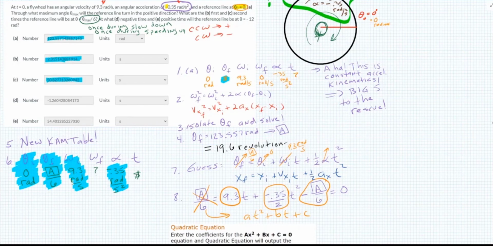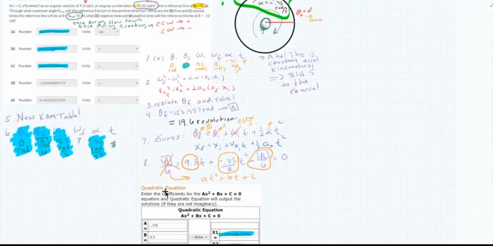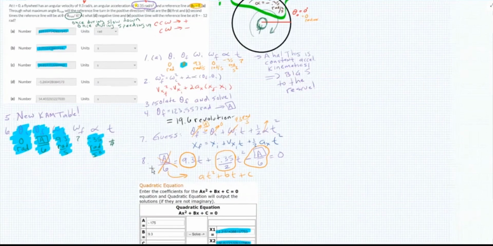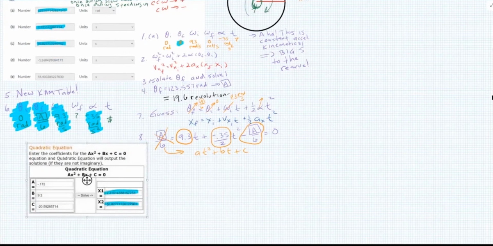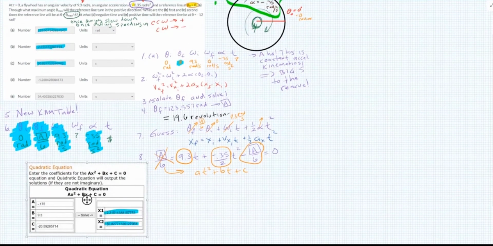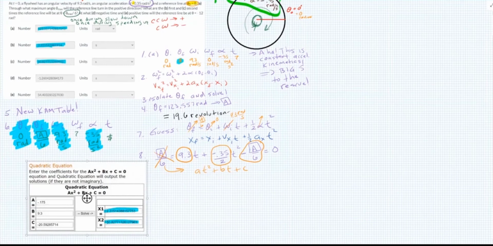Let me zoom out. Okay. So now, at what negative time and positive time will the reference line be at theta equals 12 radians? Or is that negative 12? I think it's negative 12. Let me zoom in.